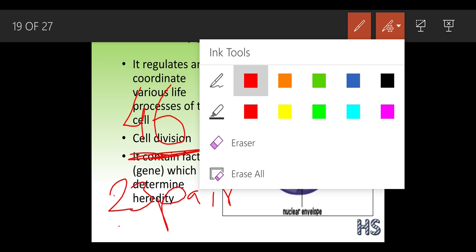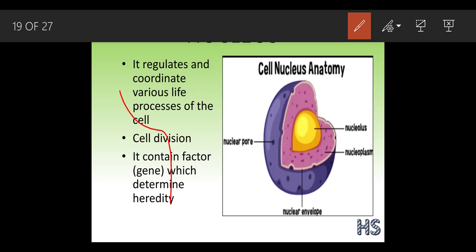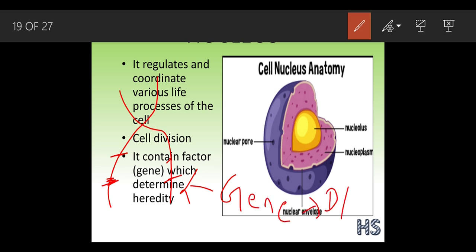These chromosomes have some specific hereditary units on them, which are called genes. That gene is made up of DNA. You have already heard this word many times before, DNA.